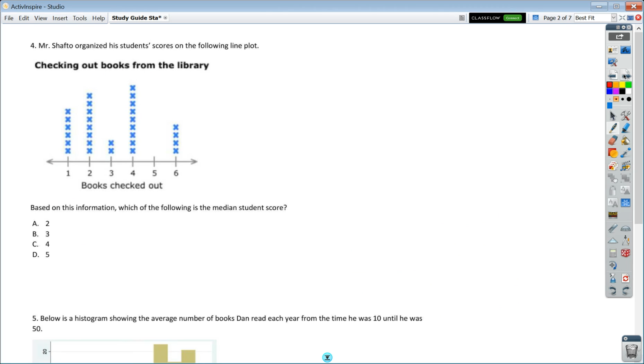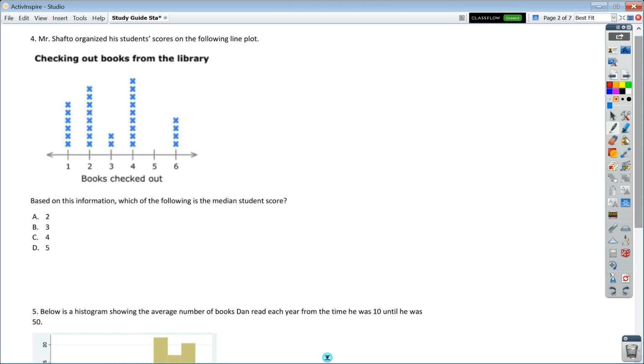Question 4 says Mr. Shapto organizes his students' scores on the following line plot. Based on the information, which of the following is the median student score? So what I would do with this, you can do a couple things. You can go ahead and count. Over here, there's 1, 2, 3, 4, 5, 6, so that'd be 1, 1, 1, 1, 1, 1. Put commas in between it.